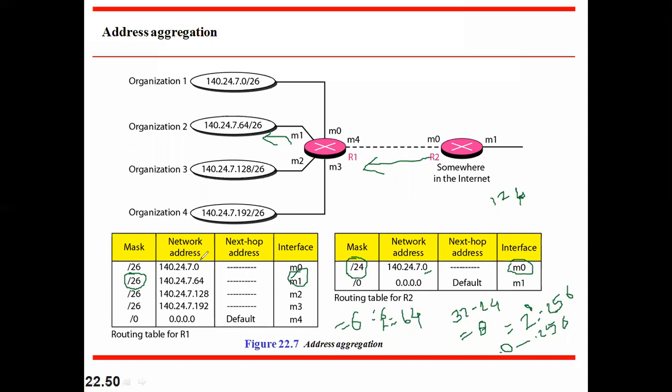So 0 to 63 means 64 addresses for M0, and then 64 to 127, because with this mask value of 26 there are a total of 64 addresses. Our received address is 124.